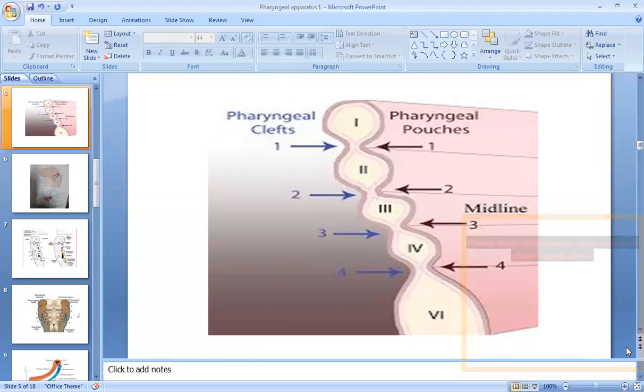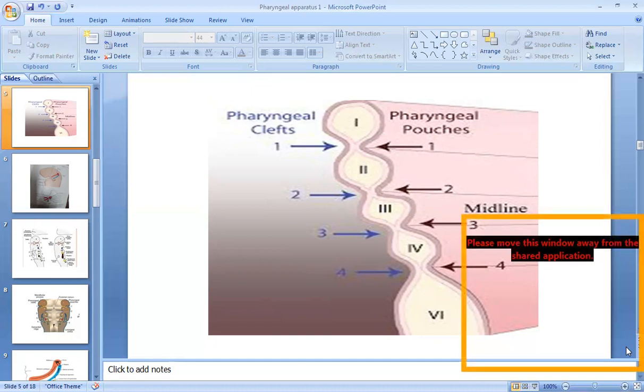Mesenchymal tissue is the loose connective tissue which is capable of forming each and every tissue in the body. This is the definition of the mesenchyme. So actually these mesodermal tissues in the form of bars are separated from each other. You can appreciate this in this diagram.